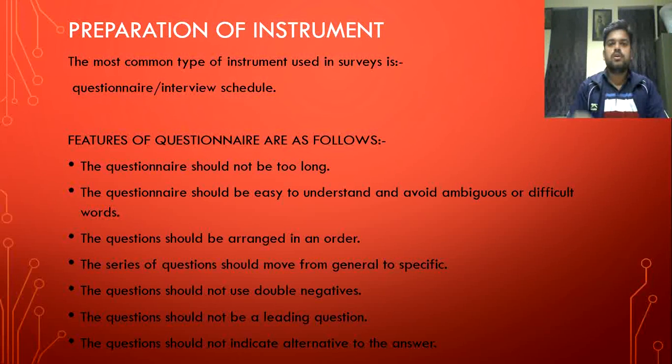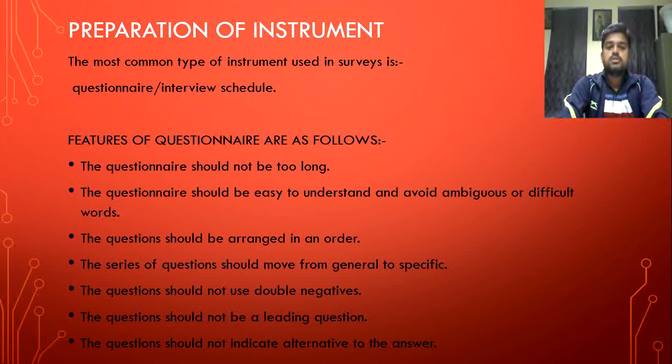You can't ask one question on income, then the next on expenditure, then again one on income, then expenditure. That is jumbled. If you are asking about income, you ask all the questions related to income at one time. Then you ask all the questions related to expenditure at one time. So the questions should be arranged in an order.